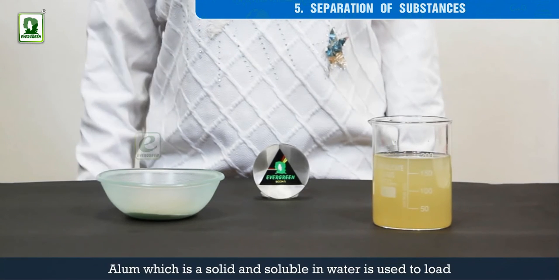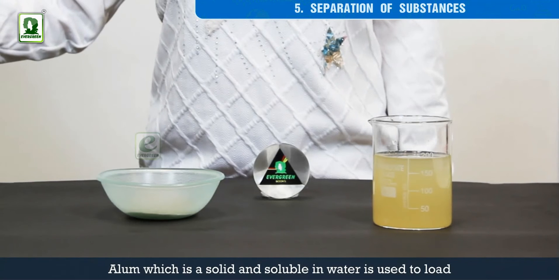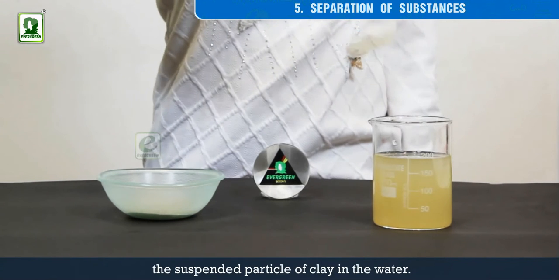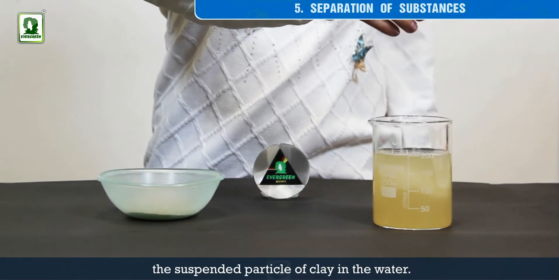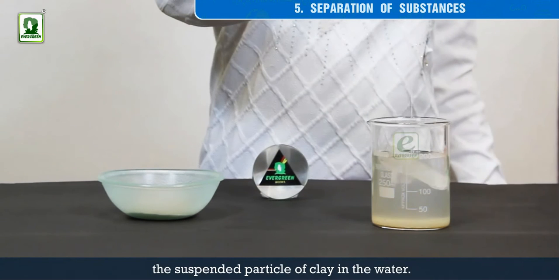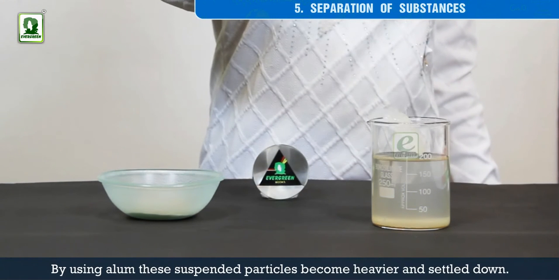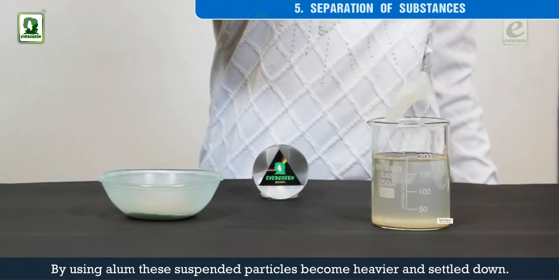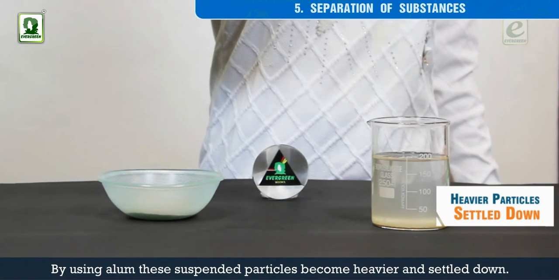Alum, which is solid and soluble in water, is used to load the suspended particles of clay in the water. By using alum, these suspended particles become heavier and settle down.